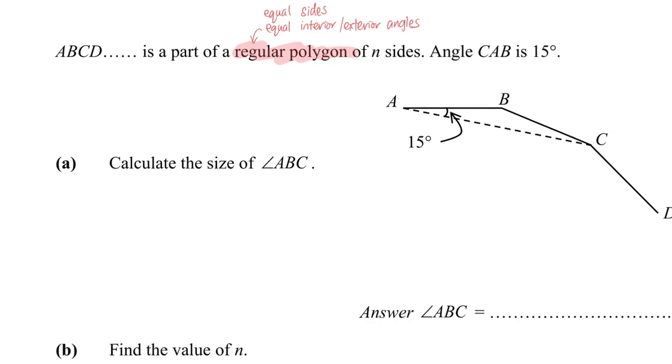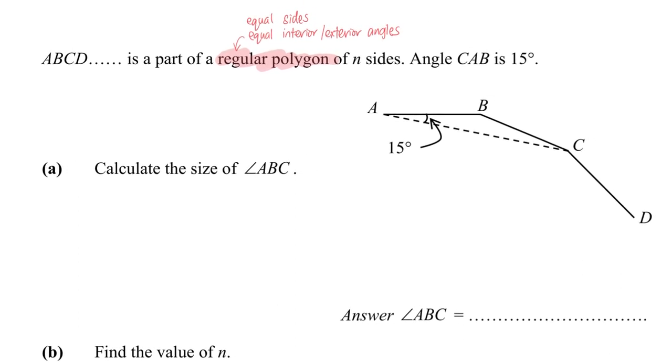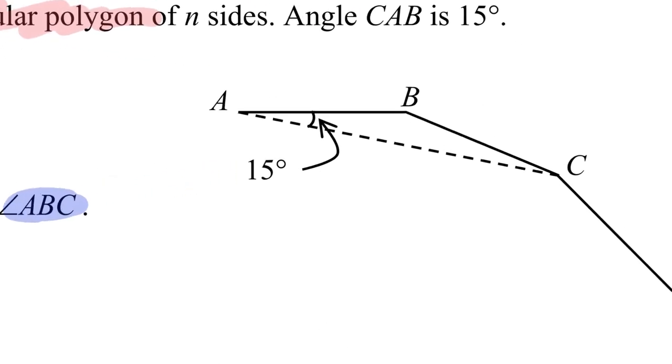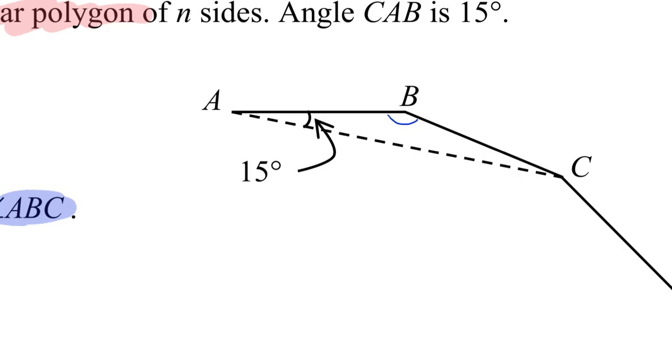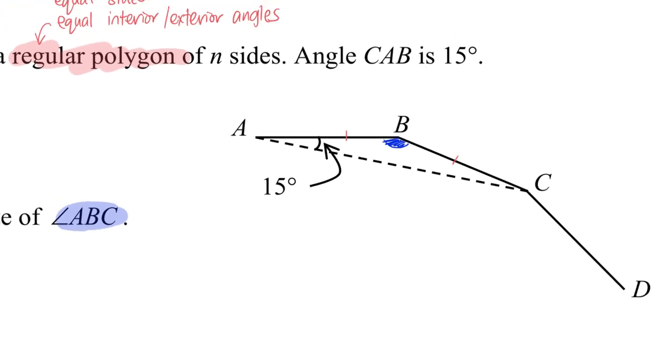So for part A, we are required to find the size of angle ABC. So which is this? And knowing that this is a regular polygon means that AB and BC are equal size, yeah?